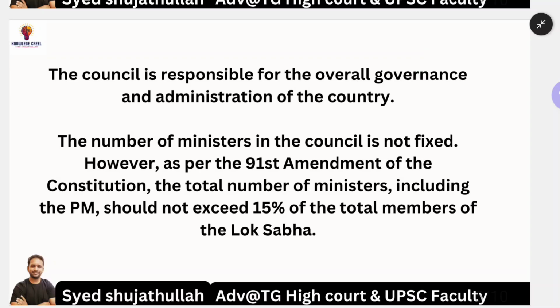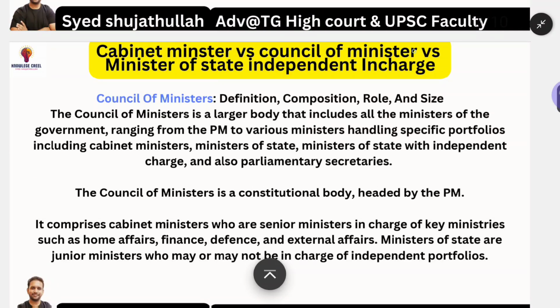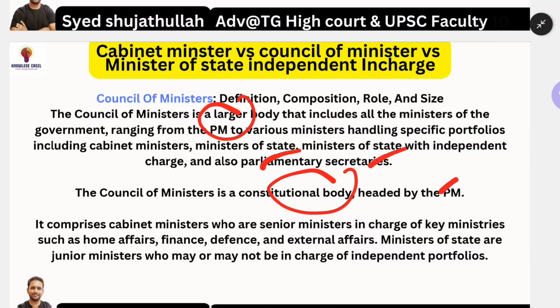So that is what Council of Ministers do. So we have learned that Council of Ministers is an umbrella body, consists of PM and all other ministers under it. It's a constitutional body headed by the PM, and under the Council of Ministers you also have Cabinet Ministers, which are actually holding what? Key ministries like Finance, Defence, etc., so and so forth. Then under them, Minister of State will also work, which may be independent, may not be independent, but as a customary, they are always working under what?